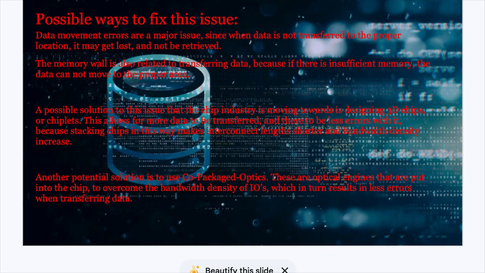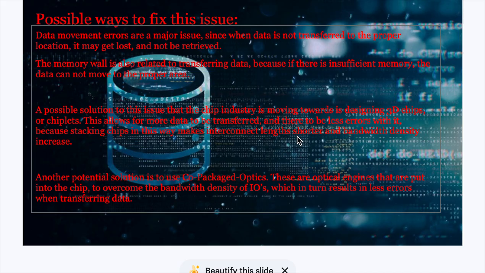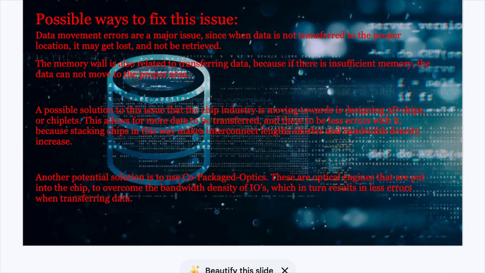One possible solution to this issue would be designing 3D chips or chiplets. That is basically just vertical stacking. The reason why that might be better to avoid these data transfer bottleneck issues is because when you stack chips in a vertical structure, the interconnect lengths are shorter and the bandwidth density increases.